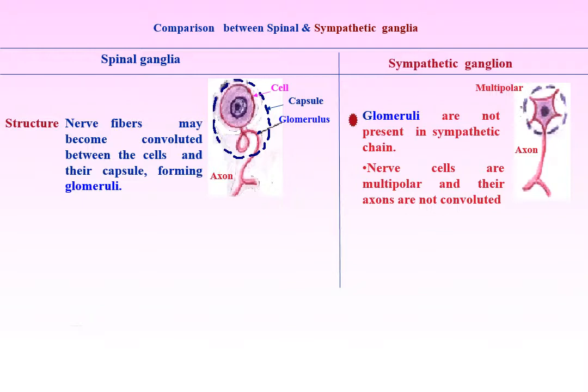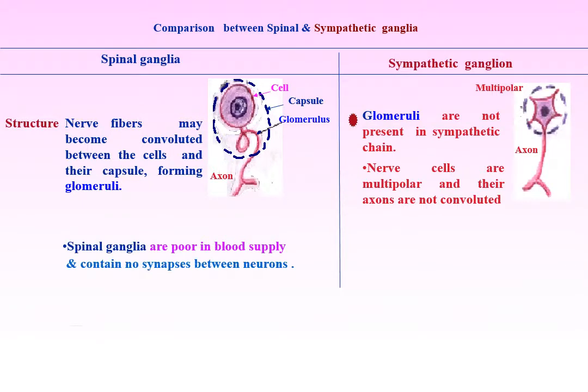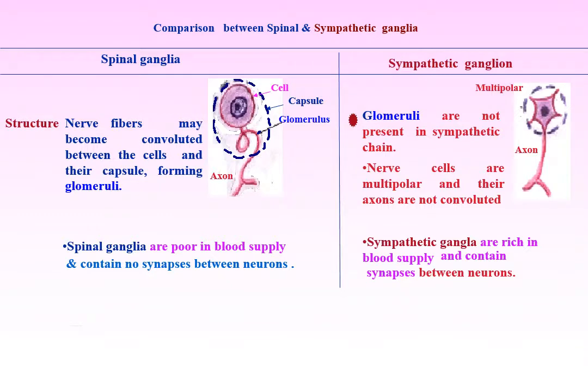Spinal ganglia are poor in blood supply, and there are no synapses between the neurons. The reverse occurs in sympathetic ganglia. They are rich in blood supply, and synapse is present between the neurons.